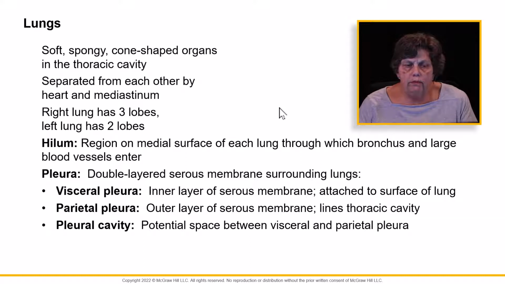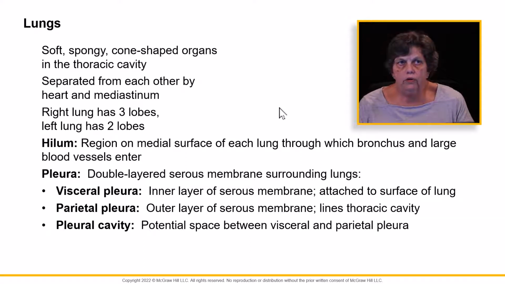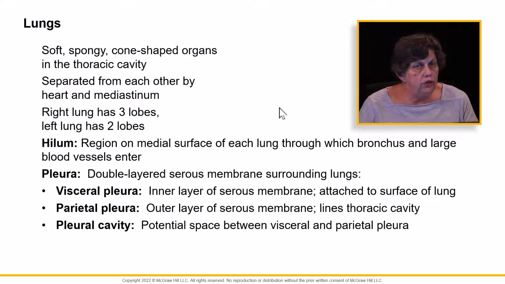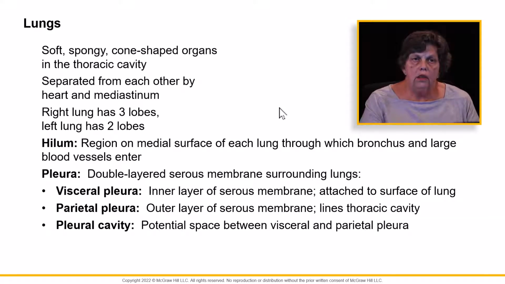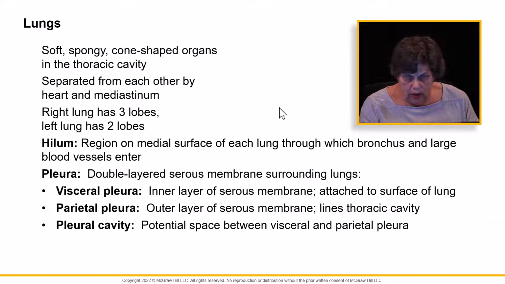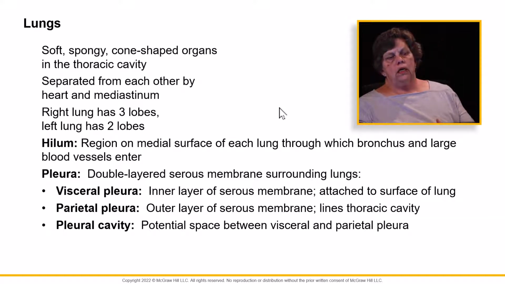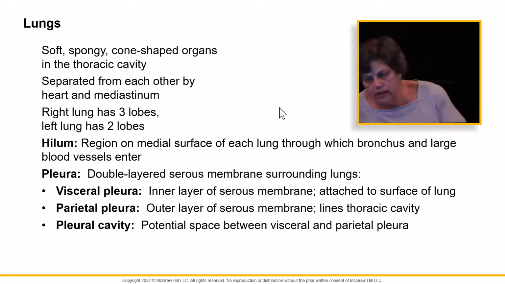You do have a membrane covering these lungs. Where have we heard this before? I mentioned this when we were talking about pericardium, and I said that you have a visceral and a parietal membrane, and then the cavity in between that has a fluid. So visceral is attached to the surface of the organ.